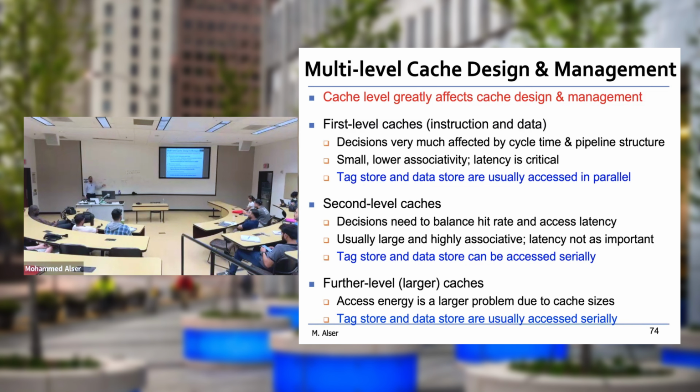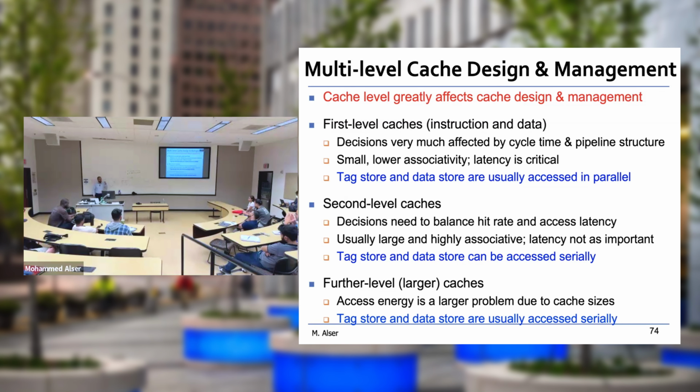To check whether that block was valid or not valid. So while we are checking the tag, we could bring the data directly and fetch it with the tag. So we do that in parallel. Instead of comparing the tag and seeing if it's valid or not valid, we access the data at the same time and we bring both of them and we check whether it's correct or not correct.